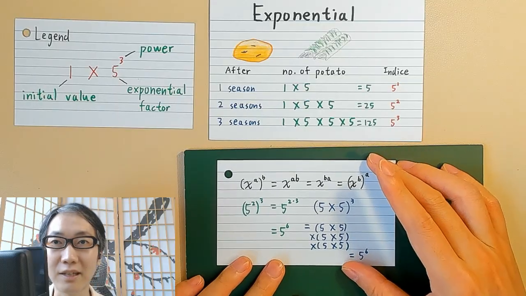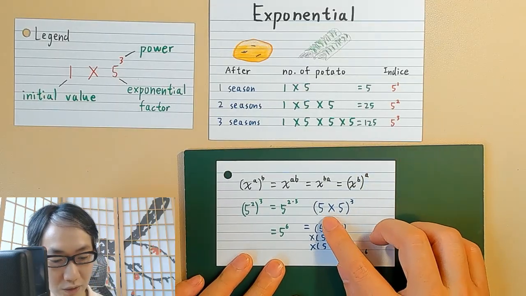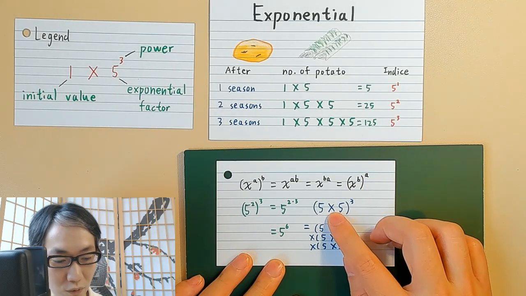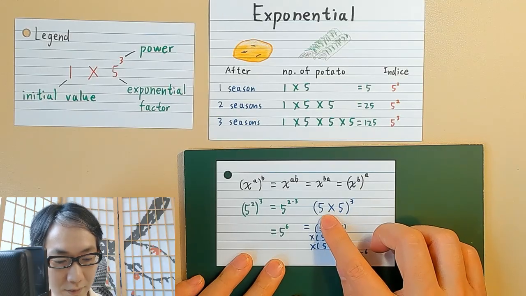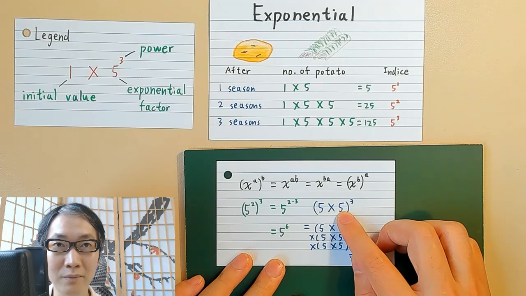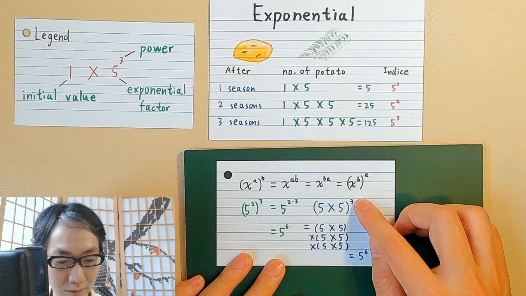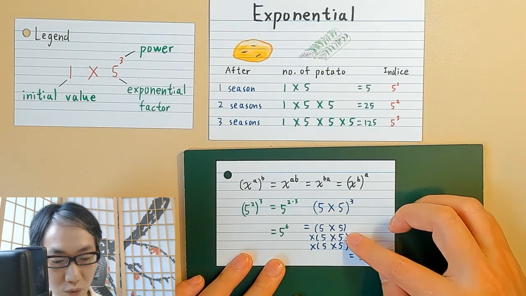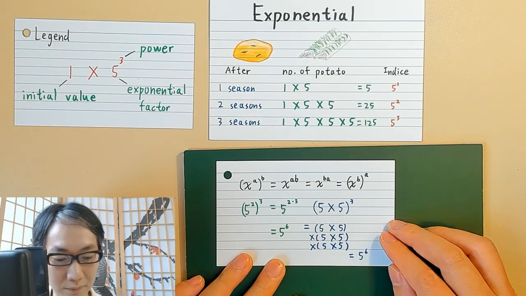And how did this happen? When we do 25 to the power of 3, it is essentially 5 times 5, for 25, and we run it 3 times: 1 time, 2 times, 3 times.